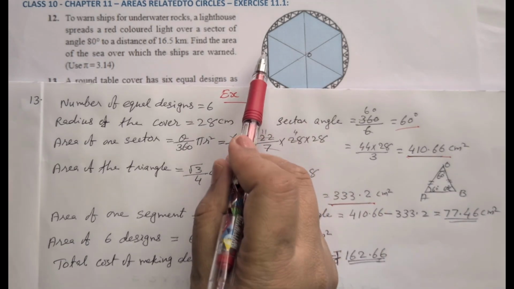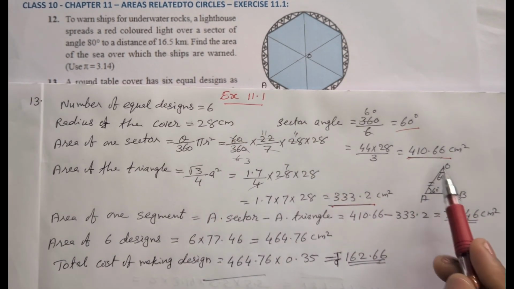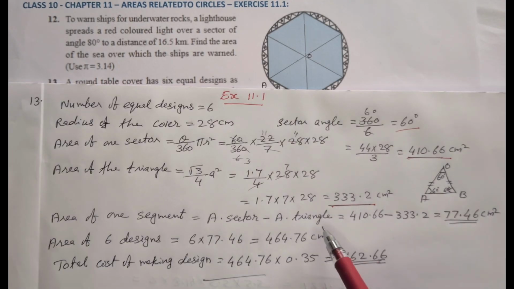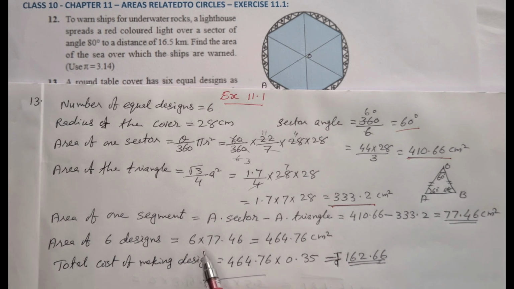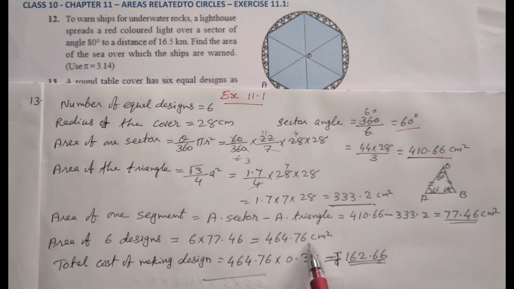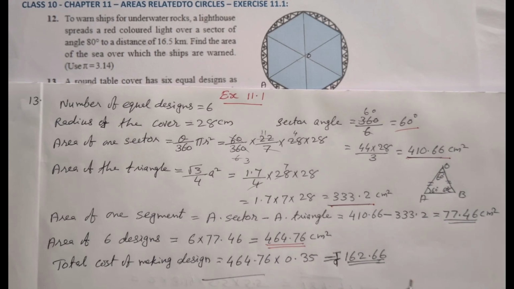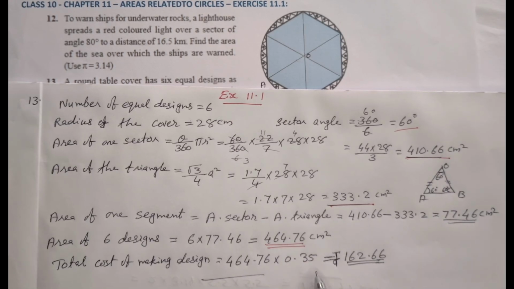Then the area of one segment is the area of the sector minus the area of the triangle, which is 77.46, and 6 segments are there. So the total area of 6 designs is 6 into 77.46, that is 464.76 centimeter square. Then the total cost, multiplying by 0.35, we get 162.66 rupees.